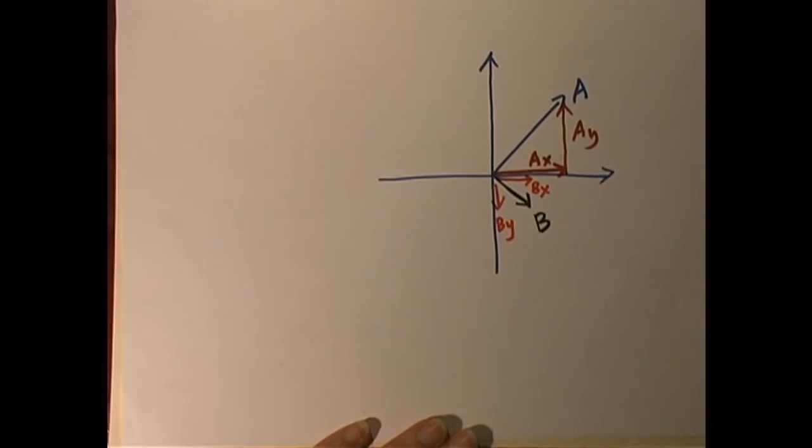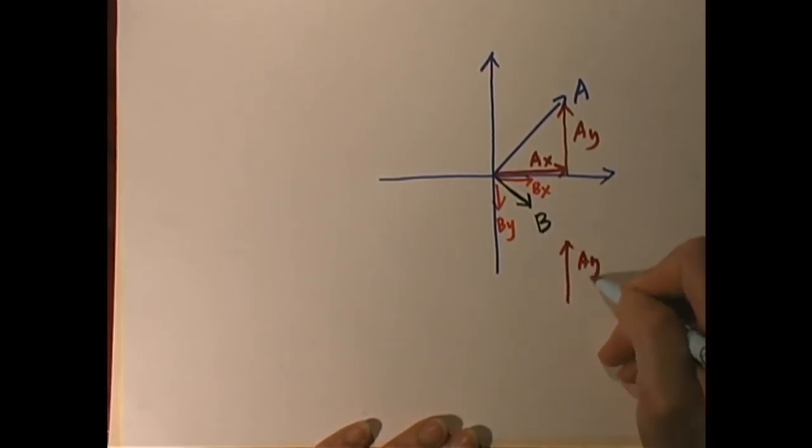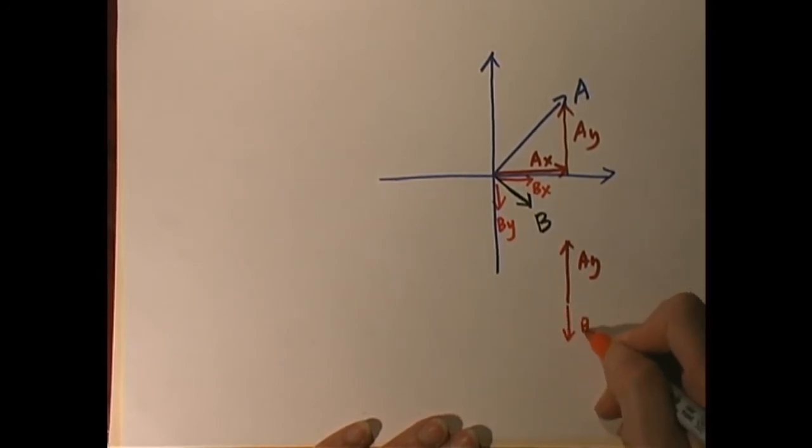So if we add it, we have this much of Ay added to that much of By. Obviously, we will end up with this much of cancellation.